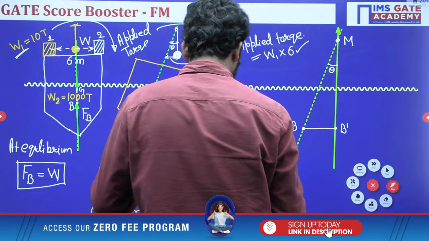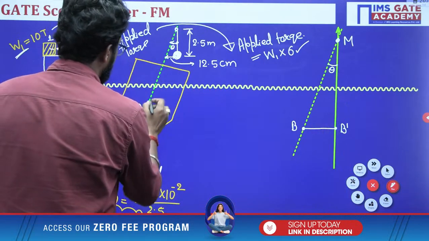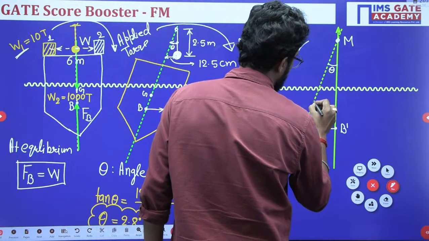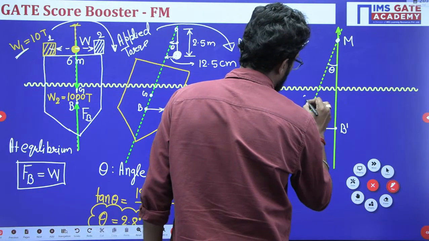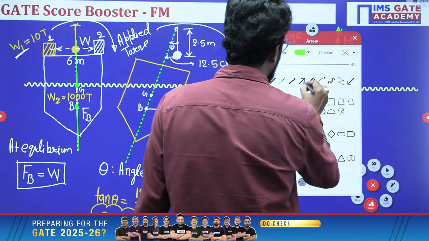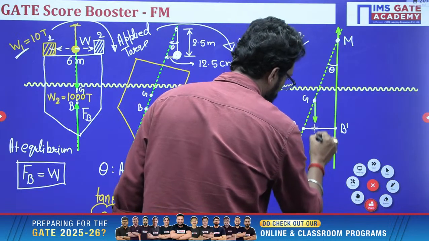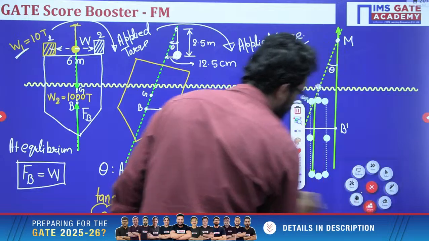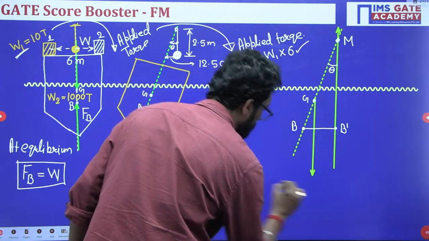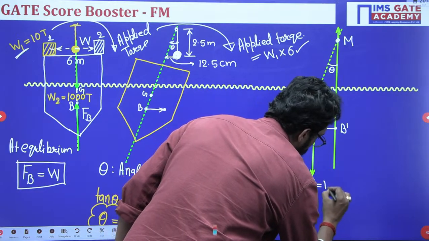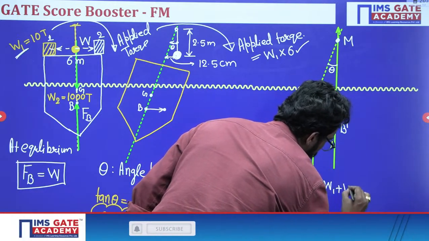Now there is a center of gravity G, let's suppose. So this is your G as it is. From this G, the total weight passes through the center of gravity, and this total weight W is equal to W1 plus W2.